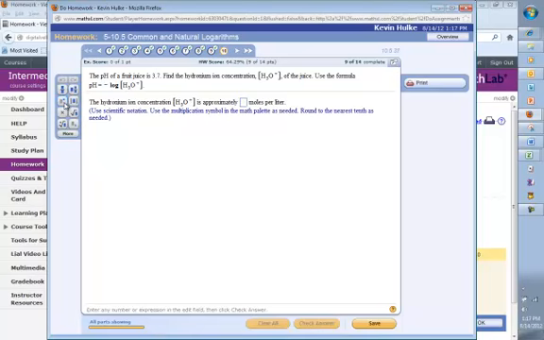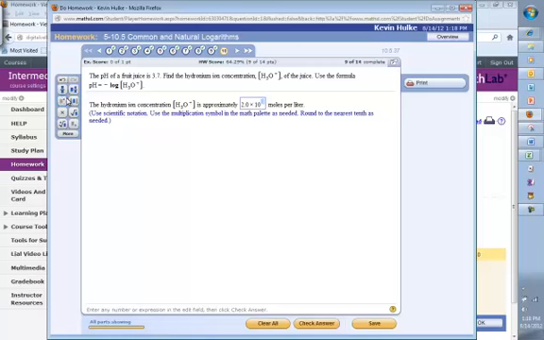Okay, so for this one, we would press 10 to the negative 3.7 equals, and our calculator says 1.995, 2.0 times 10 to the negative 4.